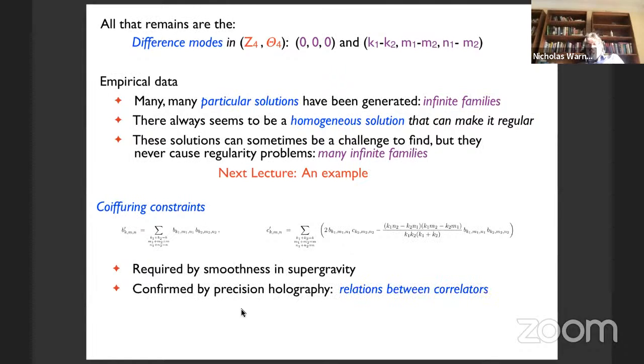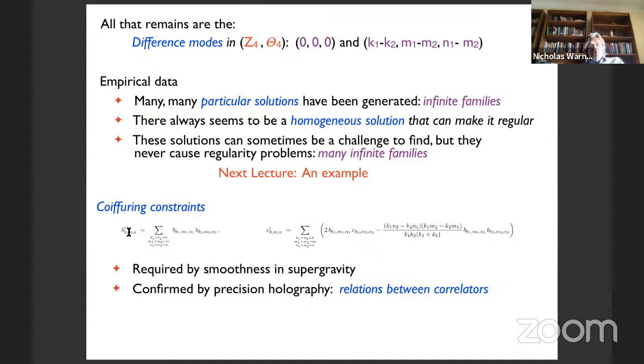Now, here's the reason why we know this is right, or one of the reasons we know this is right. These tell you about coefficients of background fields. It tells you about how Z1 theta 2 are related to Z4 theta 4. These are statements, these coefficients can be tested holographically. They can be sensed holographically. They tell you about correlation functions in holographic backgrounds.